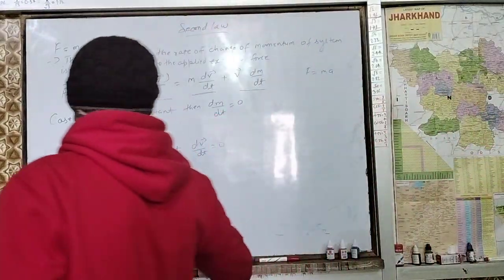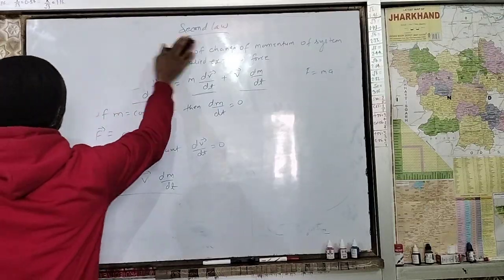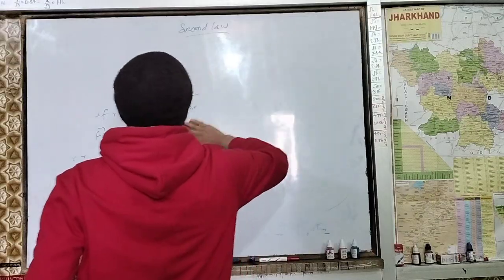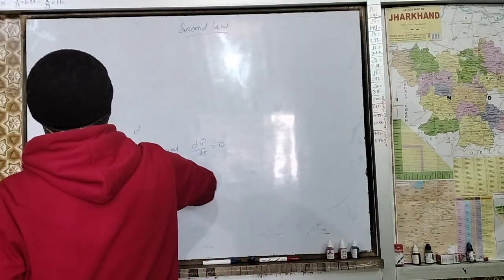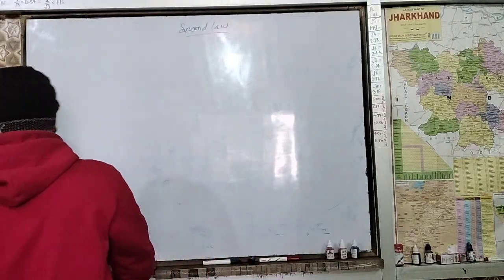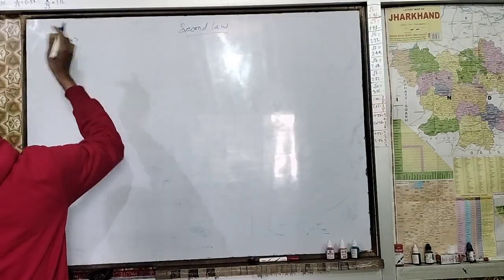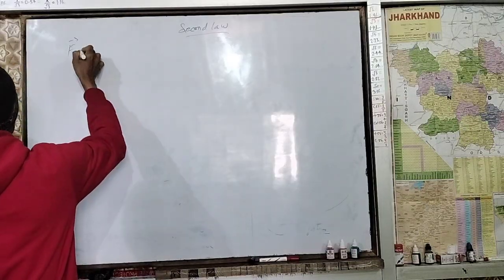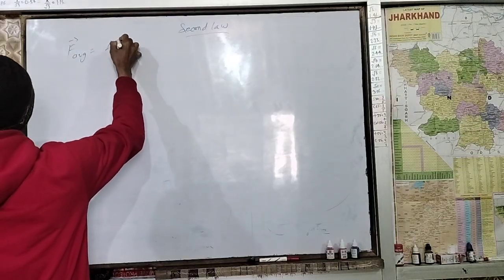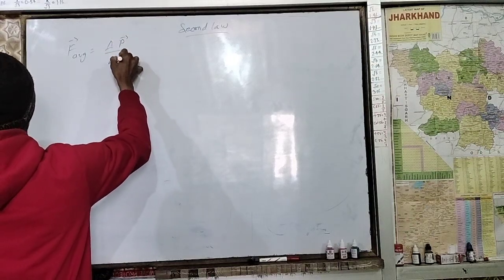Now let me erase it. Next we have average force. Average means complete. Average force during the journey will be equal to total delta p, which is a vector, upon delta t, which is time.